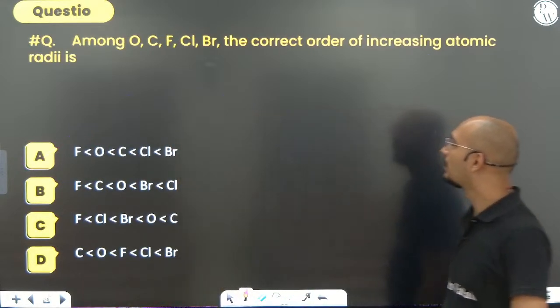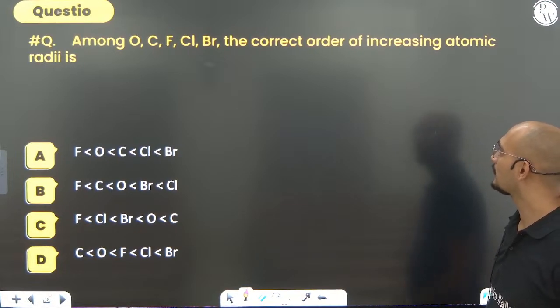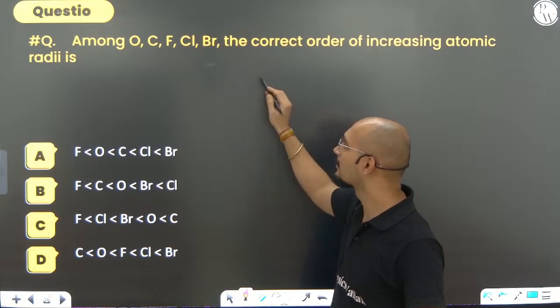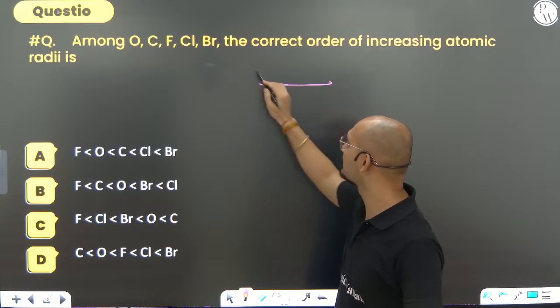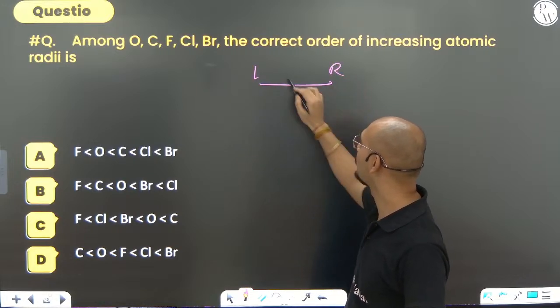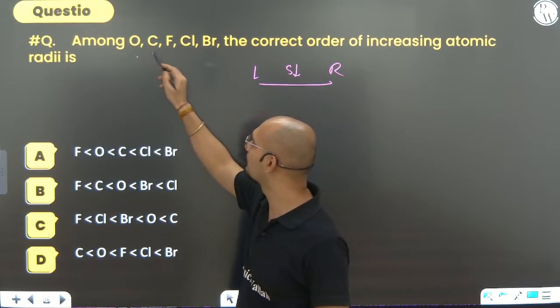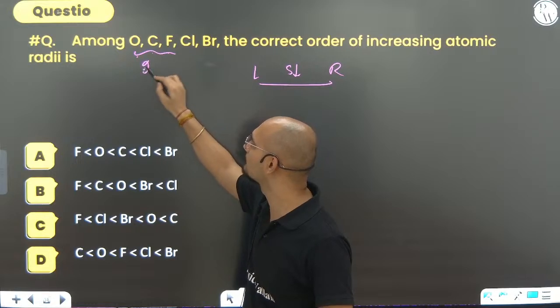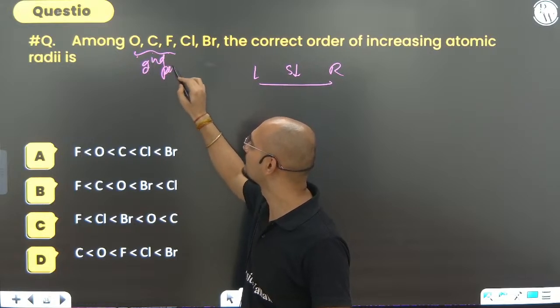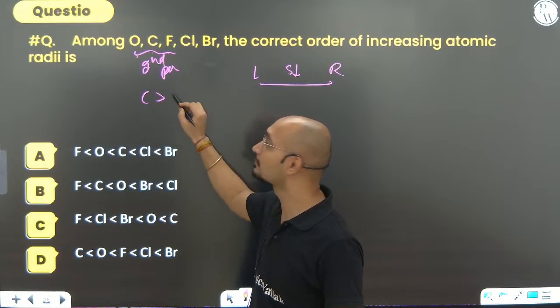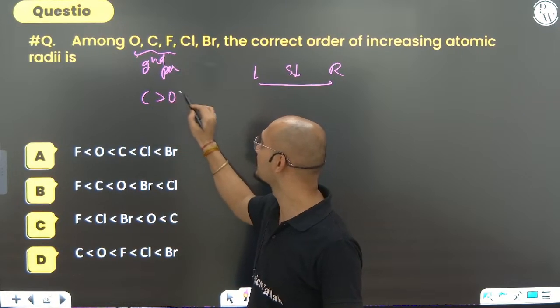Next, among oxygen, carbon, fluorine, chlorine, bromine, what is the correct order of increasing atomic radii? Just see that. If you talk about atomic size from left to right, size decreases. Oxygen, carbon and fluorine are all from the second period, so carbon will be the largest, then oxygen, and then fluorine.